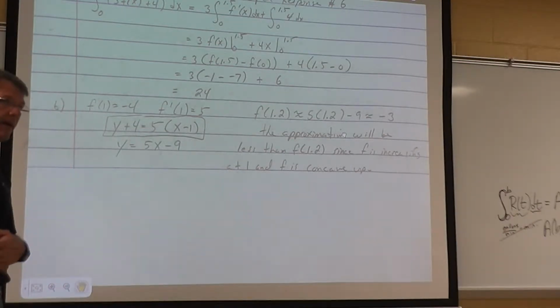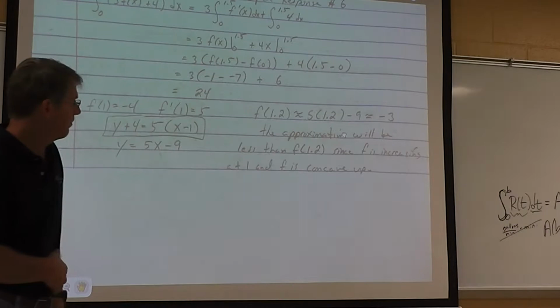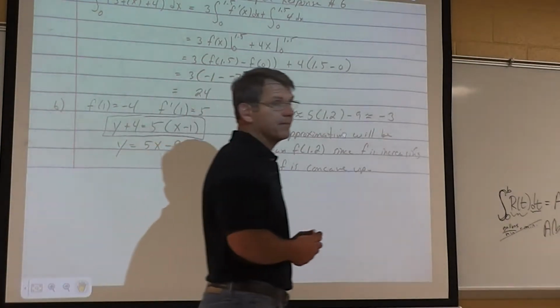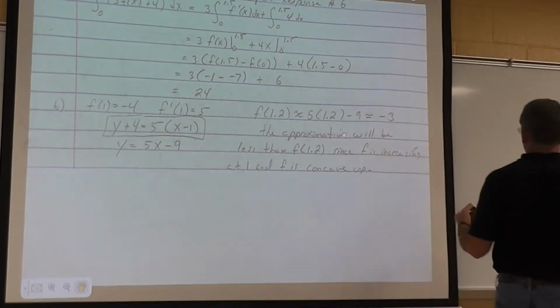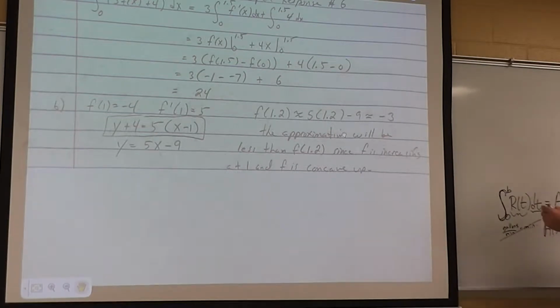That's going to be determined mainly by the concavity. I used increasing, but concavity is the main argument. I'm finding the line tangent at 1, and there was a point (1, -4). I had a positive slope of 5, so it's doing something pretty steep. There's my tangent line.